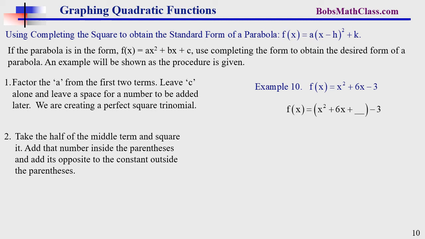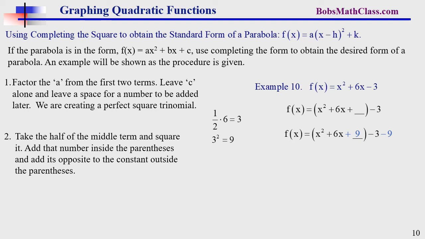But we don't want to add a number to f of x. That would just be weird, right? All right, so what's half of 6? Half of 6 is 3. And then we square it, we get 9. So we're going to add 9 inside the parentheses, but then subtract 9 outside the parentheses.